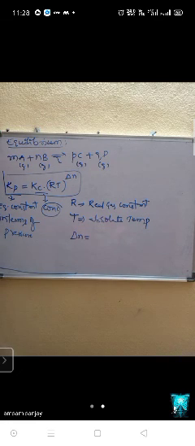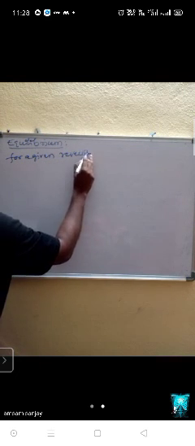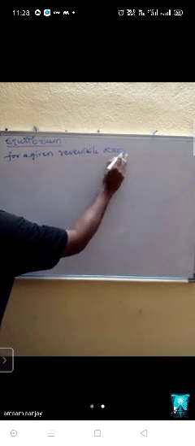Now keep it in mind. Based on these 2-3 problems we will do, then we will go further. Carefully, for a given reversible reaction, what is the relation between Kp and Kc?